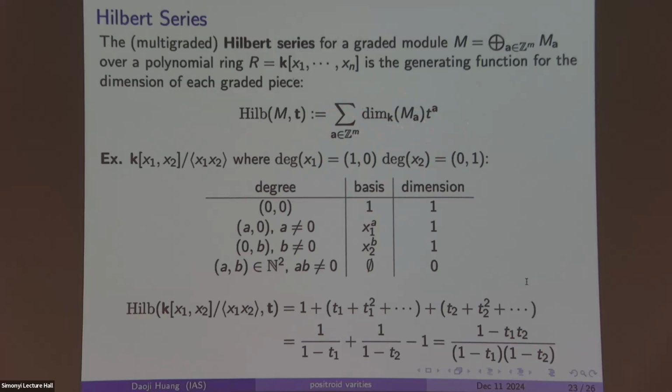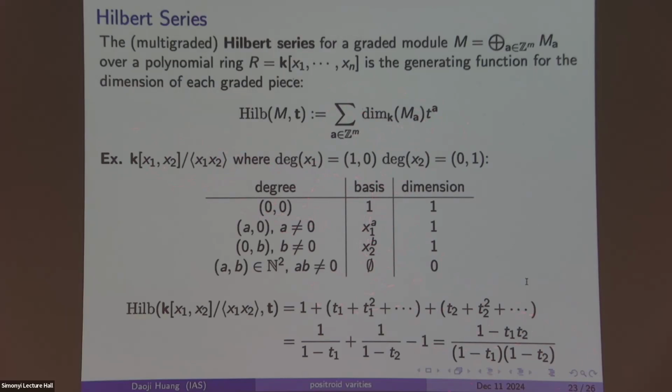Just a silly example to give you an idea. I take this module with this grading. I look at each degree, I look at their pieces, I get my generating function, and this is my Hilbert series.